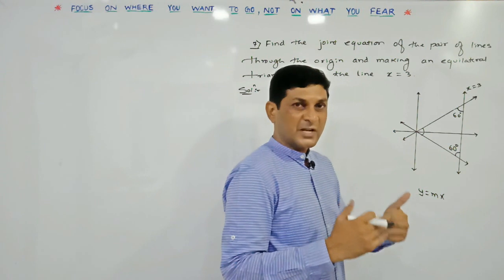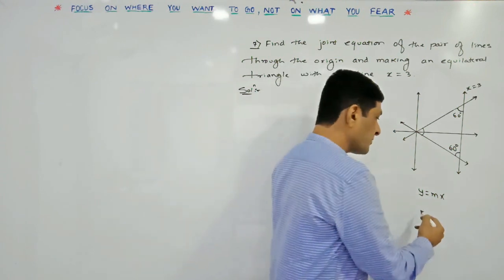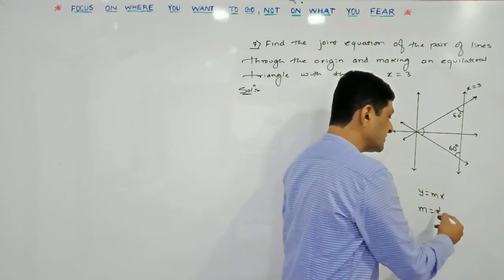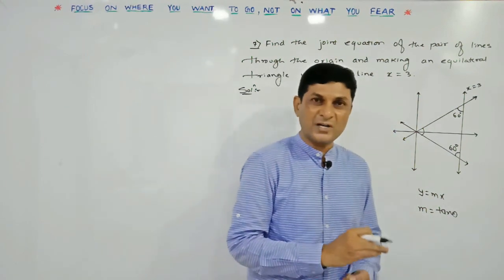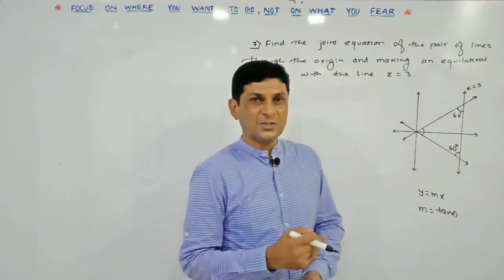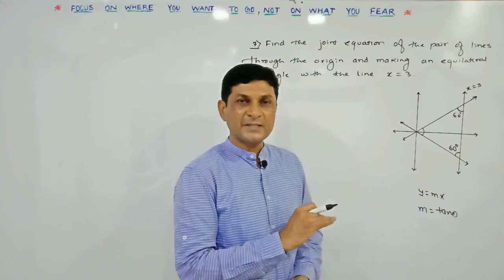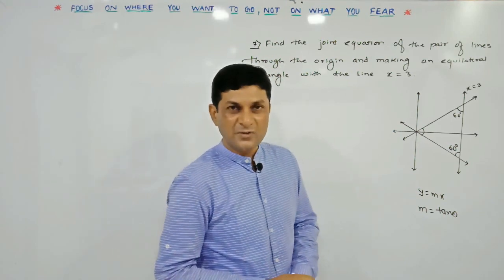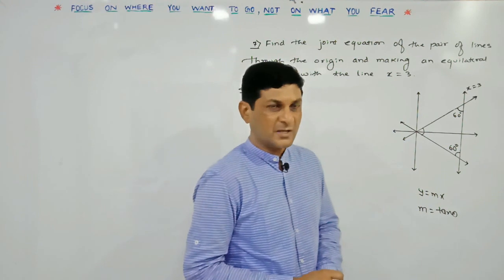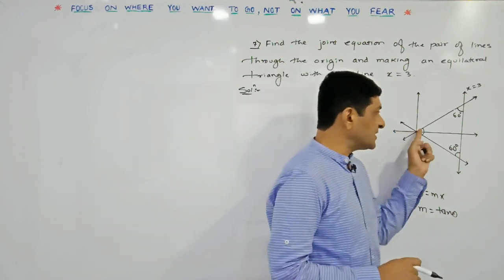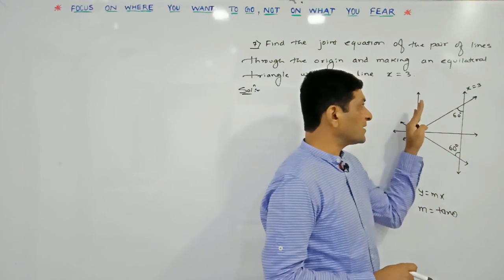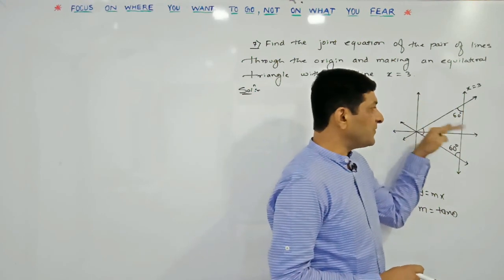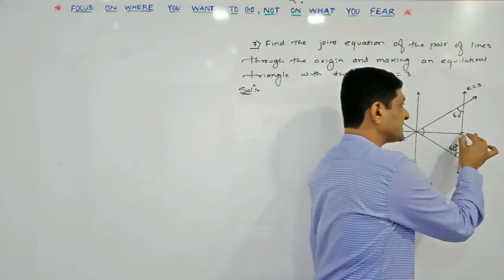So first we try to find m. What is the formula to find the value of m? m is equal to tan theta. This is one of the formulas applicable to find slope if inclination is known. In this case, let us check whether it is possible to find the inclination. Here we can observe that this whole angle is 60 degrees and this line is parallel to the y-axis, so it is perpendicular to the x-axis.